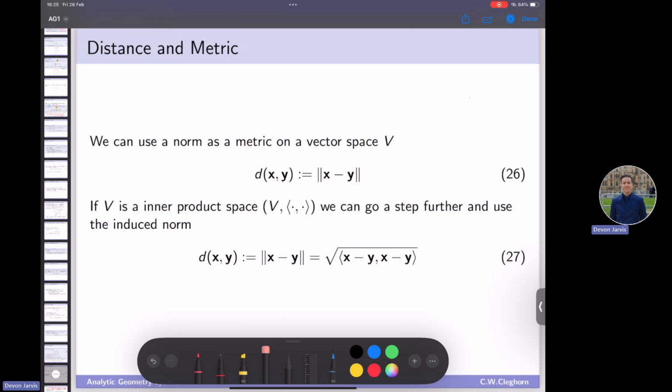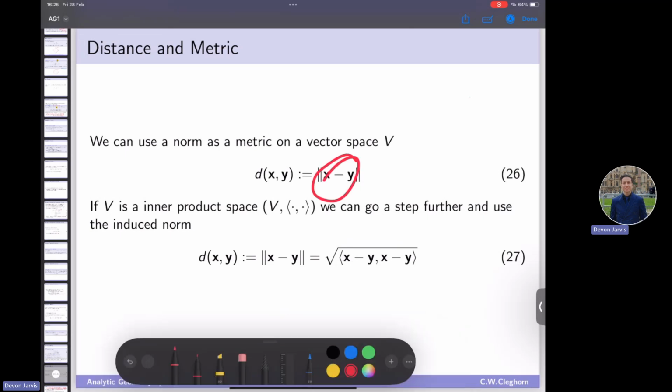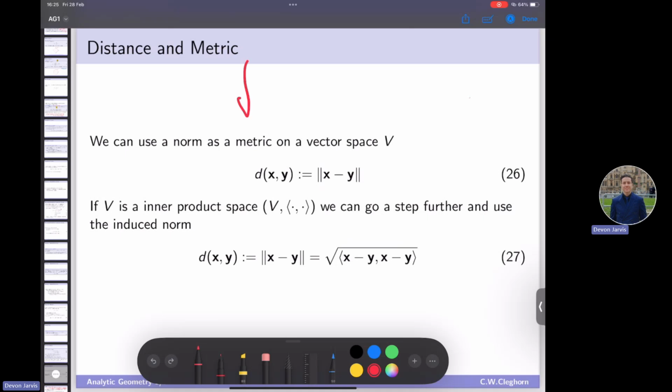I'm going to say it once more. Distance is the subtraction of the two vectors. Then you apply the norm. The norm is then just the square root of xx, not xy, I made that mistake. That comes from an inner product. But the inner product itself can be general, which is then xy for arbitrary things.